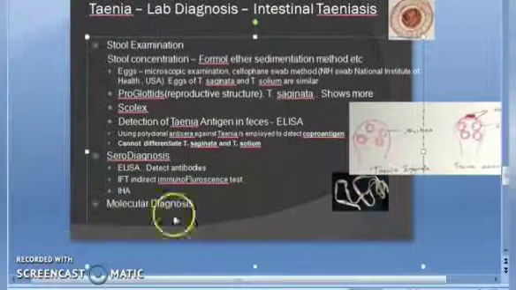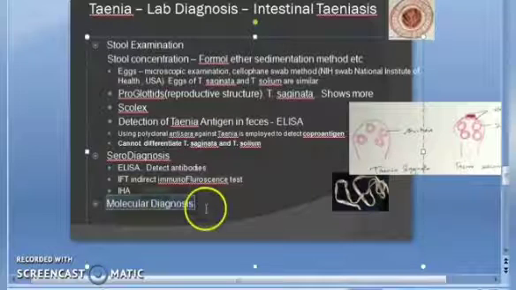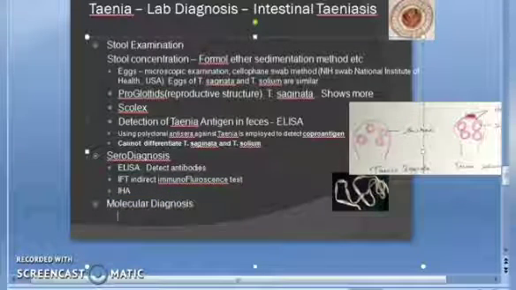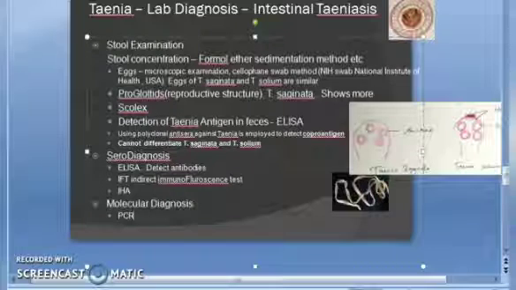Okay. Now we are moving on to molecular diagnosis. Definitely what you will write here, so easy, right? You will use PCR, polymerase chain reaction, to detect and differentiate between the eggs and proglottids of Taenia saginata and Taenia solium. You can also distinguish the subspecies, it seems. Subspecies, I don't even know the names.